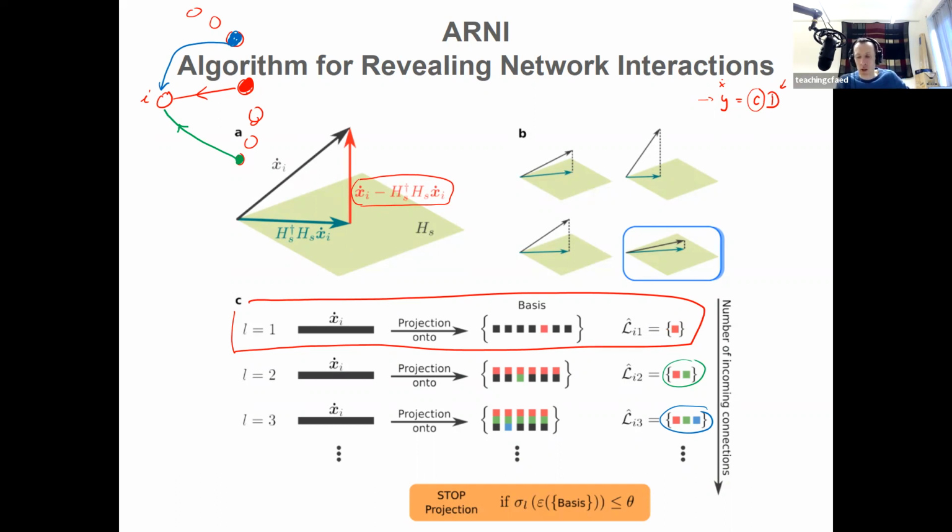Forget about projection. Now you fix the red node, and you ask, given the red node, which other node combined with the red one explains my x dot value best. Then you pick that one, which turns out to be the green one, and fix the red and the green. Then you go ahead like that until at some point your error is smaller than some threshold, and then you stop.